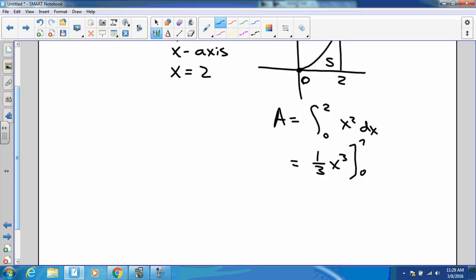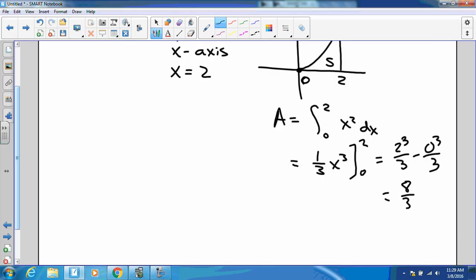All right. And now we're going to evaluate that from 0 to 2. And so that gives us what? 2 cubed minus 0 cubed over 3, which is 8/3.